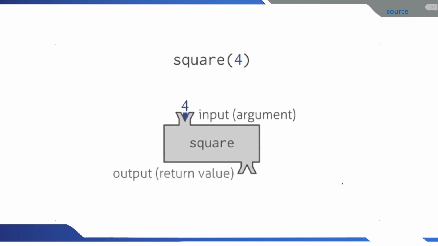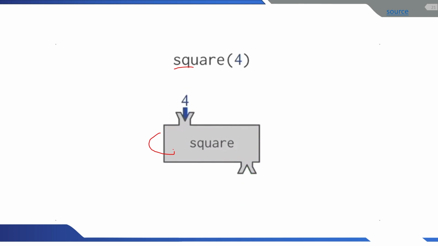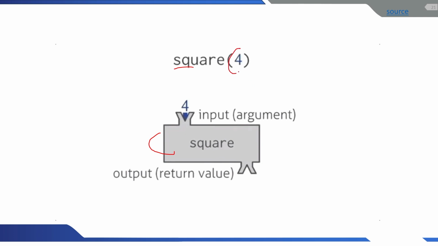Take for example, if we have a function that we call square. This function is responsible for squaring any integer that we feed into it. In this case, if we supply the function square with the integer 4, it will do the calculations and it will return the value of 16.